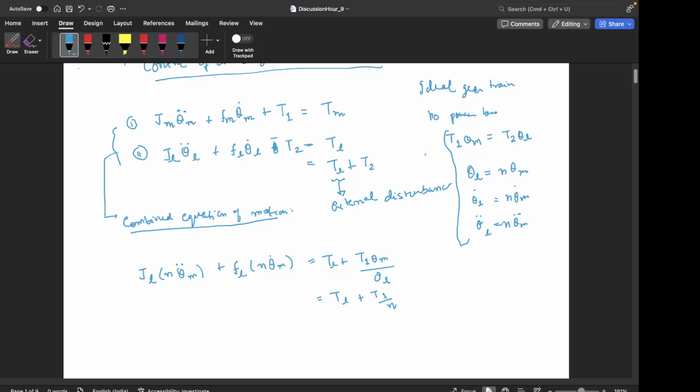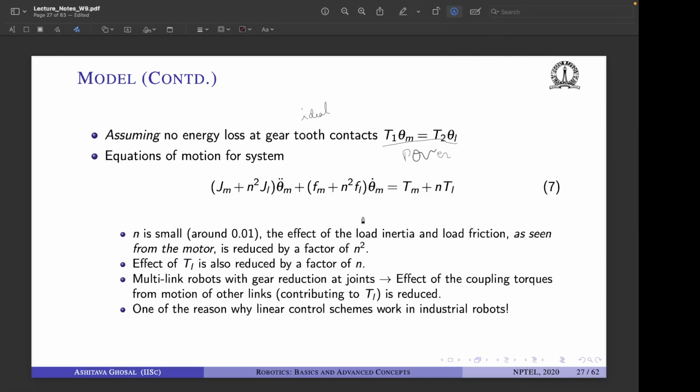And T1, so we will use this expression to put the value of T1. So finally, T1 and T2 are the internal torques. Finally we'll write everything in terms of Tm, the motor's output torque, and TL, the external disturbance.